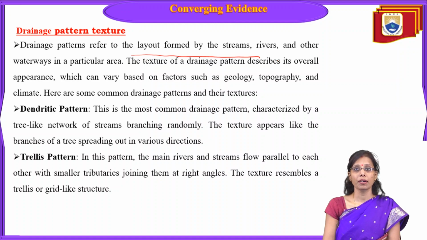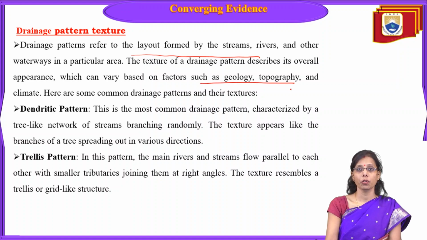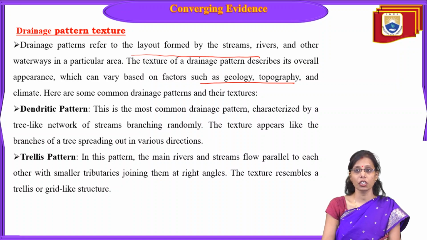The texture of a drainage pattern describes its overall appearance, which can vary based on factors such as geology, topography, and climate. So the drainage pattern always varies based on the geology and the topography. This is linked directly to the topography. Based on the topography and the geology, the drainage pattern textures will take place.